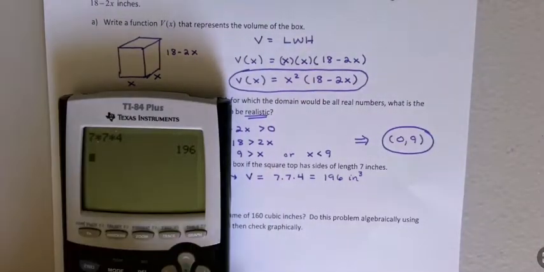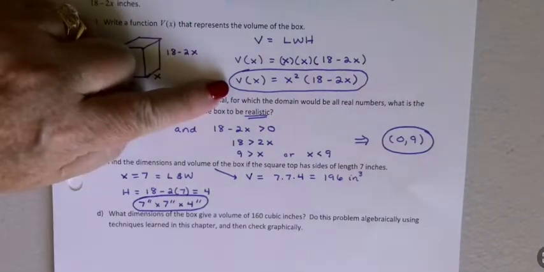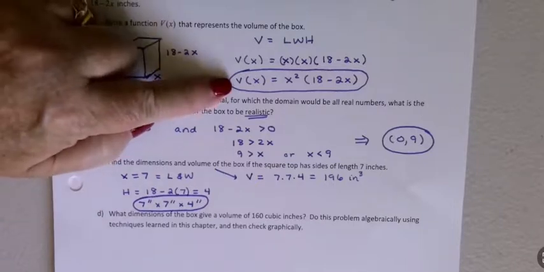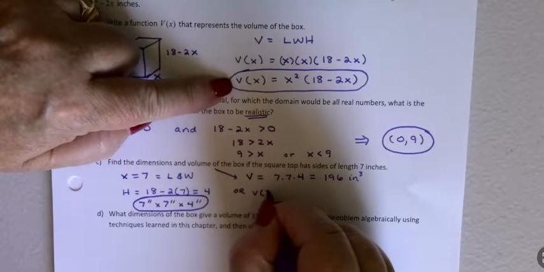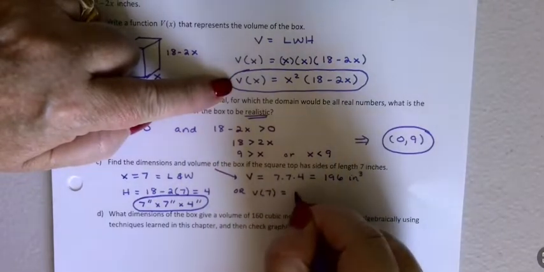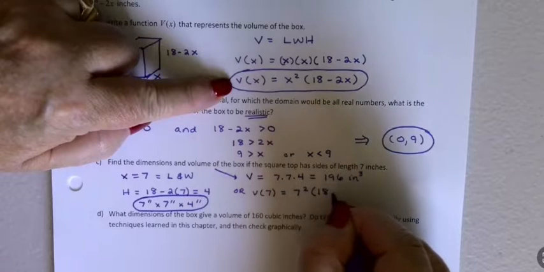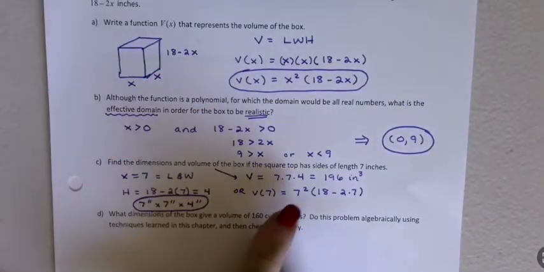Or, just to test our volume function, we could have also chosen to say, well, since x is 7, I could just put 7 into that volume function. That would have given me 7 squared times 18 minus 2 times 7. Notice you can see length times width right here, times height there.